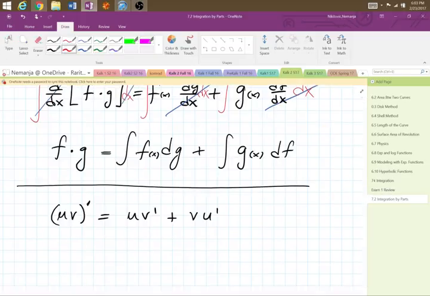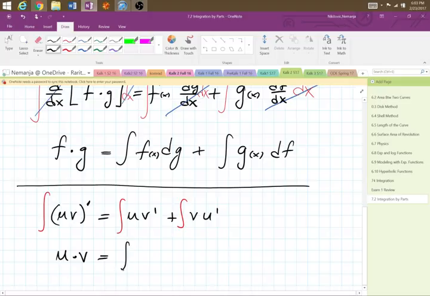As I integrate everywhere, what I get is u times v is equal to integral of u dv plus integral of v du. Now, this v is a function of x, and u is a function of x. We just don't put of x throughout.